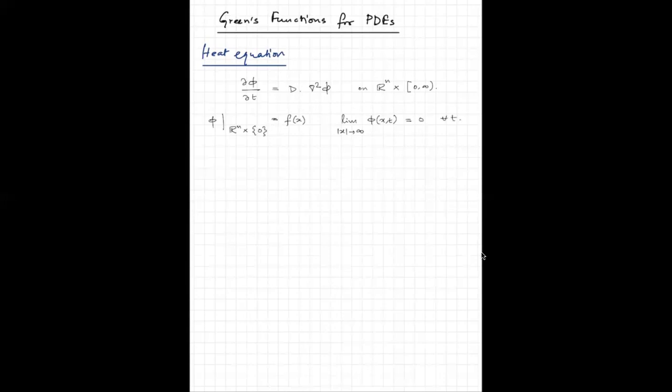So the initial profile of phi is f of x, and we are saying at infinite distances phi of x,t is equal to 0.